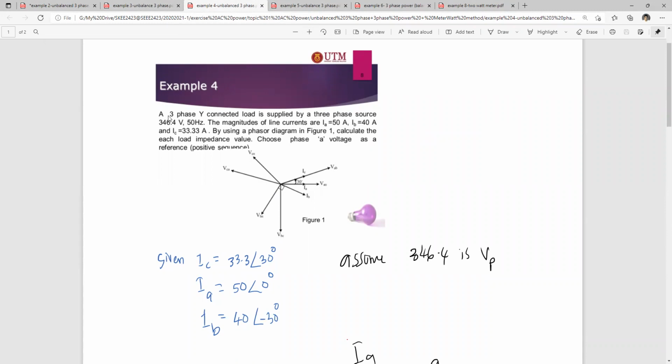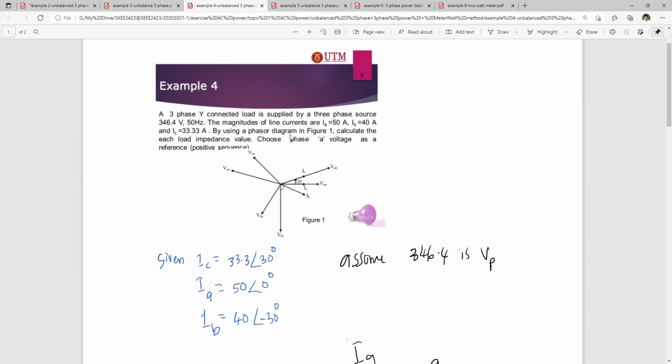A three-phase Y-connected load is supplied by a balanced three-phase source of 346.4 volts, 50 hertz. The magnitudes of the line currents are given: IA is 50 amperes, IB is 40 amperes, and IC is 33.33 amperes.